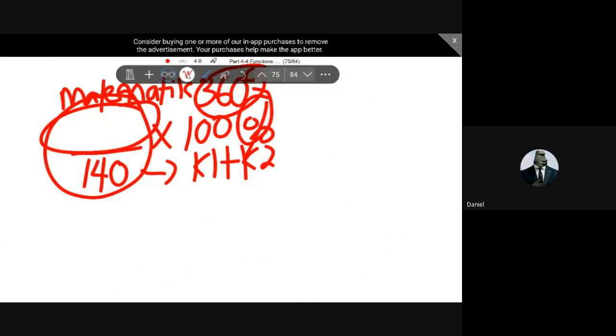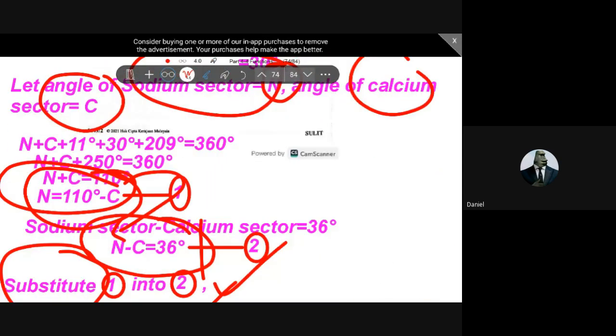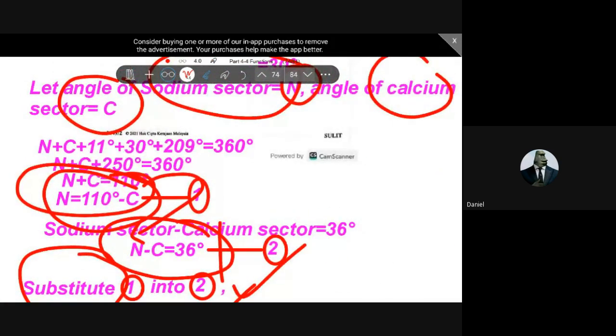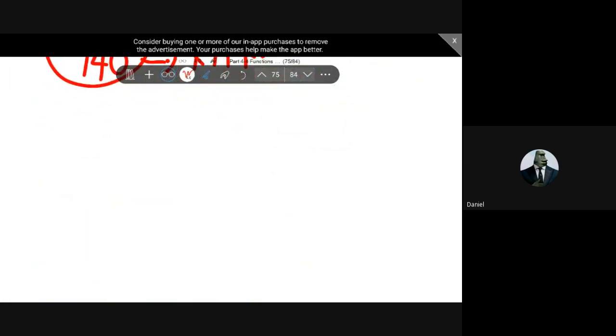Boleh buat kira. Oh, sama saja sebenarnya. Oh, kamu keliru dengan N dan C. Wait, saya tunjuk kat sini mungkin. Okay, so X tambah Y tambah, why suddenly form 4? Dia ask a question.